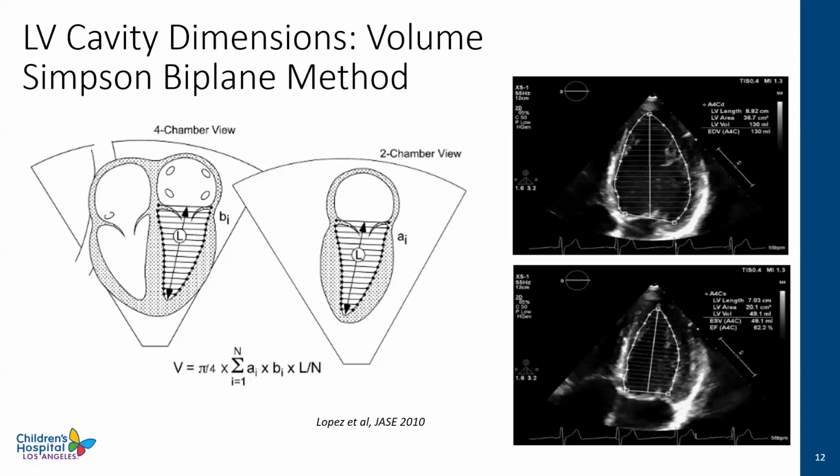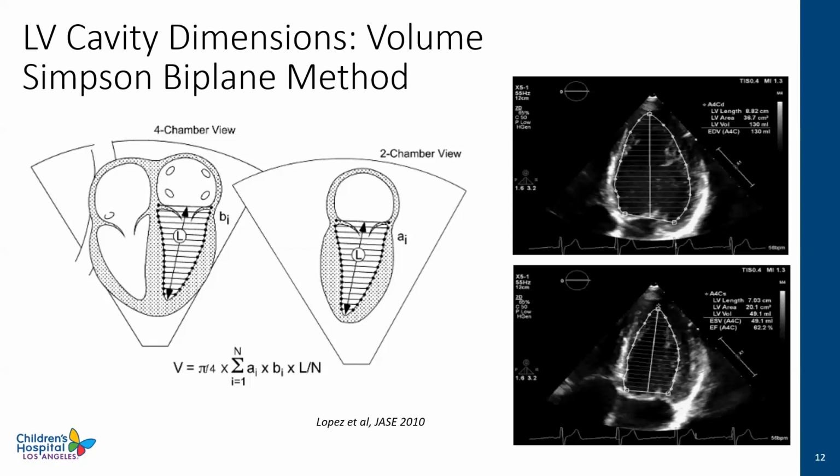And so I think I flipped those around, the end diastole and end systole. And then you're trying to calculate the difference using the computer programming. They basically sum the discs together and then come up with a volume. And so that ejection fraction is based on the difference between those two.